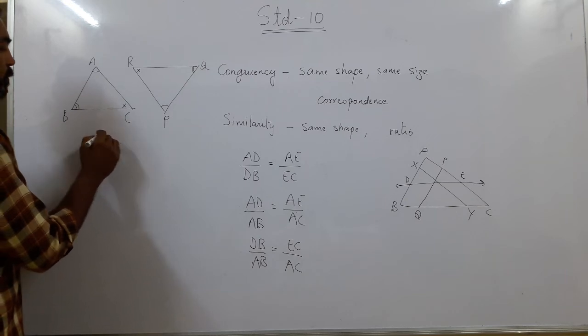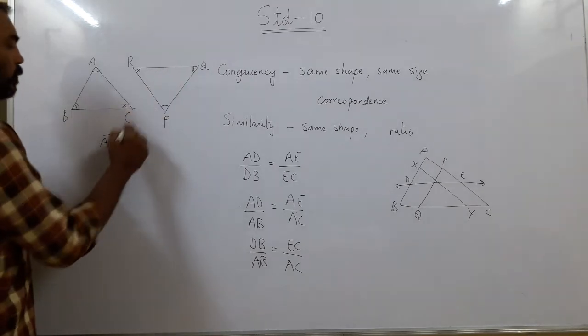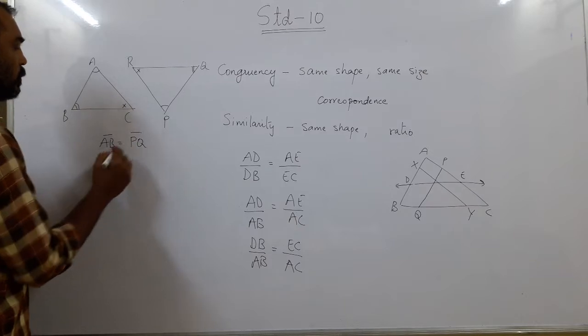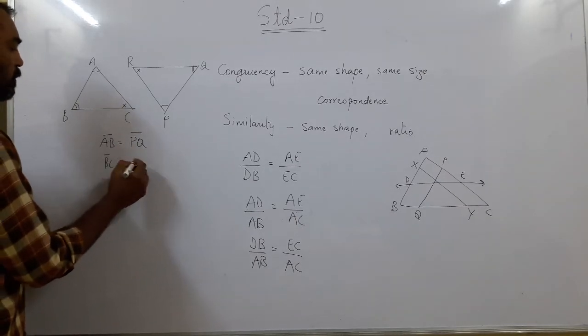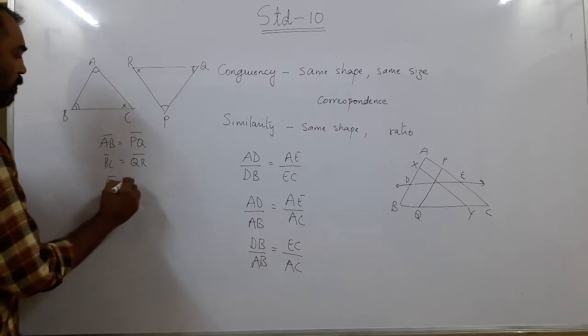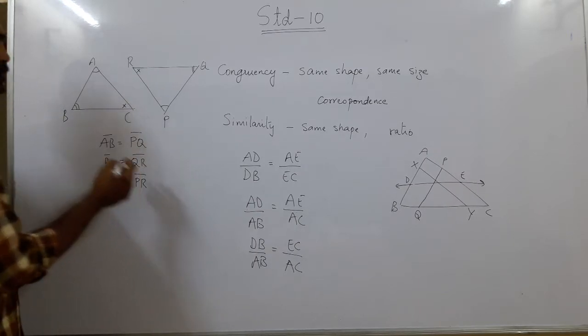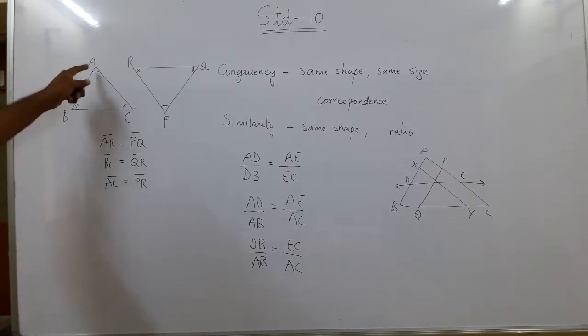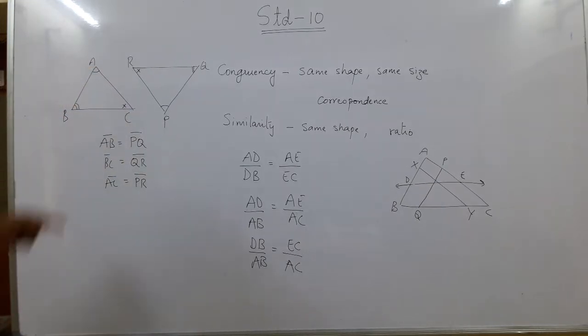AB is equal to PQ, BC is equal to QR, and AC is equal to PR. So 6 conditions have to be satisfied. The 3 corresponding angles have to be equal and the 3 sides also have to be equal.